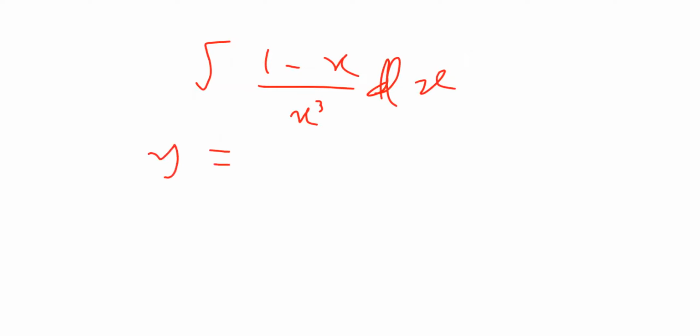When you see something like this, 1 minus x all over x raised to power 3, and you're asked to differentiate, what will you do? Let me just hear. What will you do if you have to do this? What would be your idea?